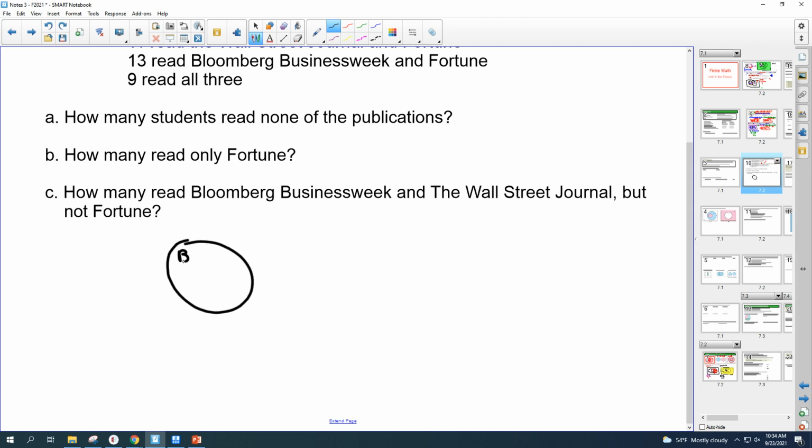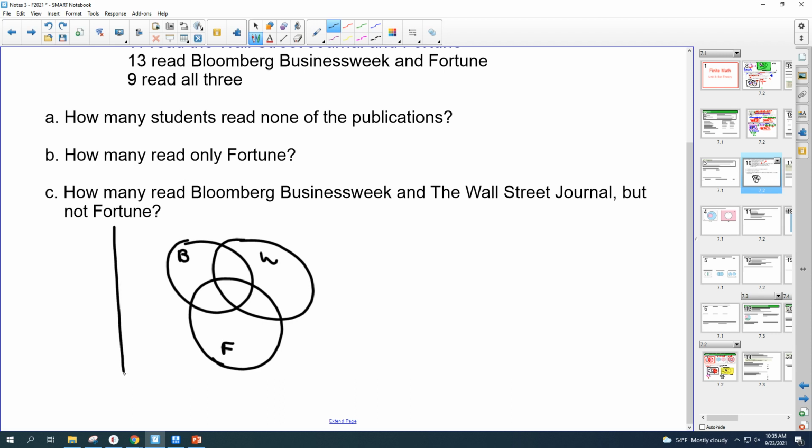We've got Bloomberg. We've got Wall Street. And we've got Fortune with a box around it, right? When you have 3 sets, 2 to the 3rd equals 8. That tells me there are 8 regions there. If you don't draw your box around it, you won't have that 8th region, okay?